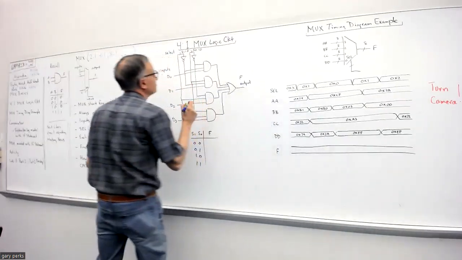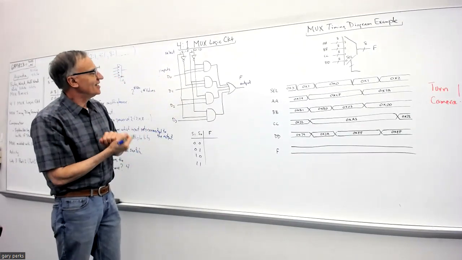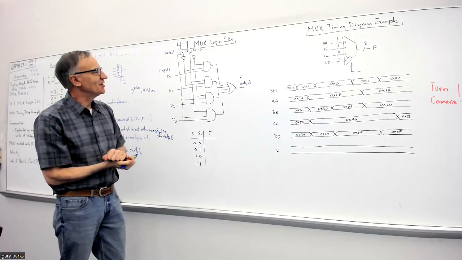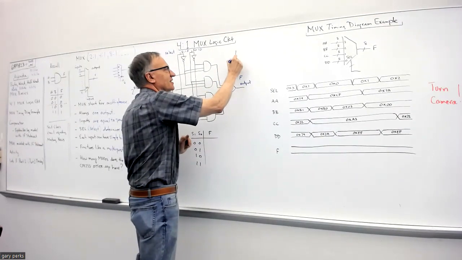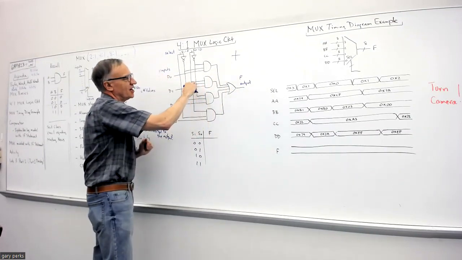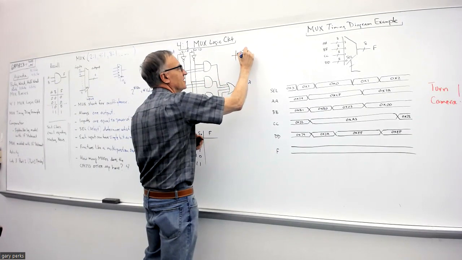And now, I know this diagram's a little busy, if you will. But wherever you see lines crossing, there's no connection at a cross. Okay, there's no connection.